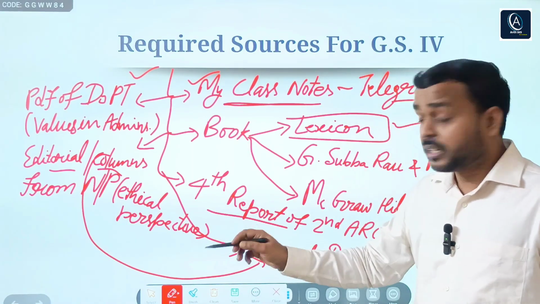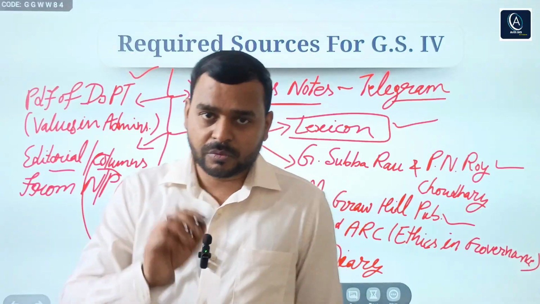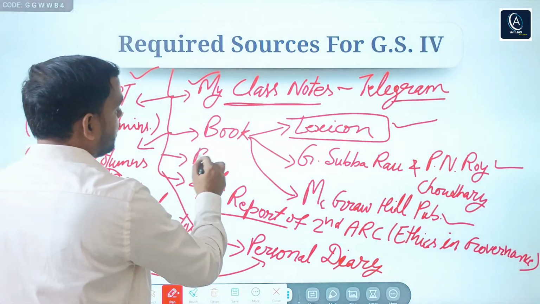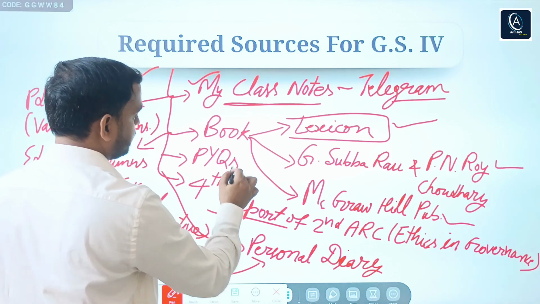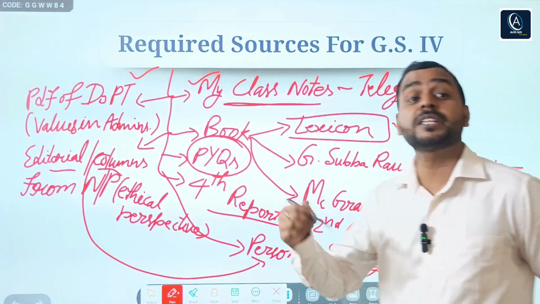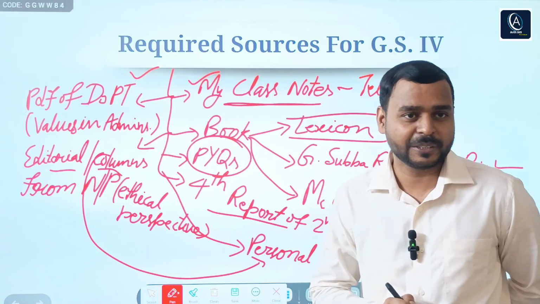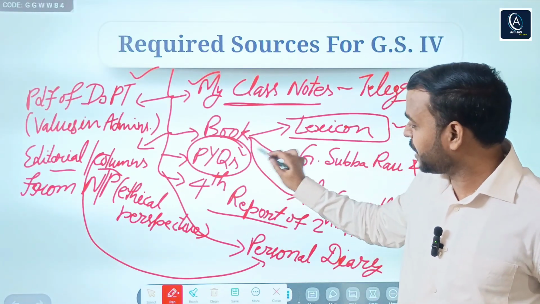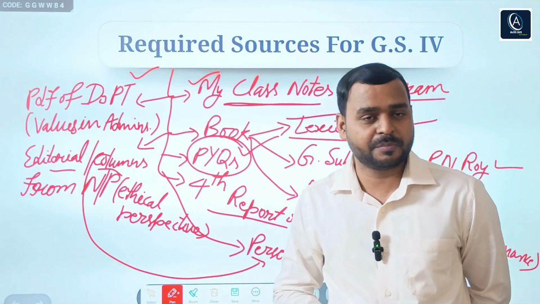So apart from that, you cannot ignore one important thing, that is, we all know, PYQs, right? Without this, your preparation is incomplete. Like other GS papers, including optional, the role of PYQs is very important in this paper.